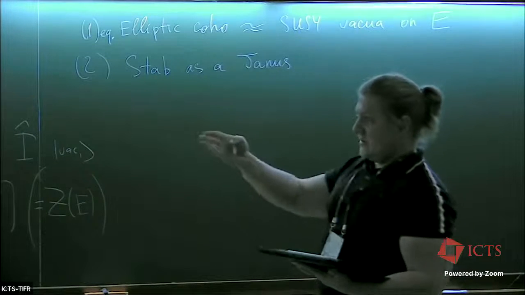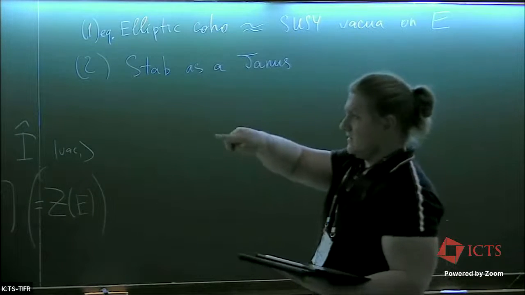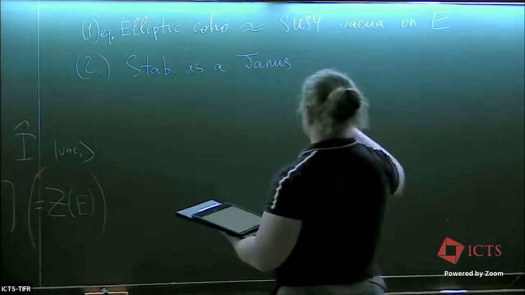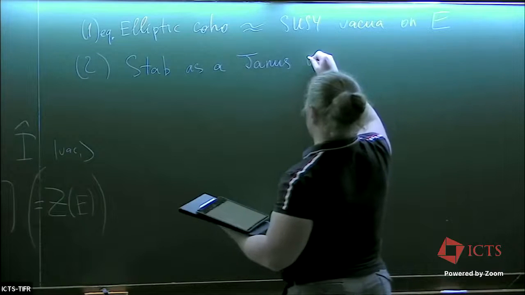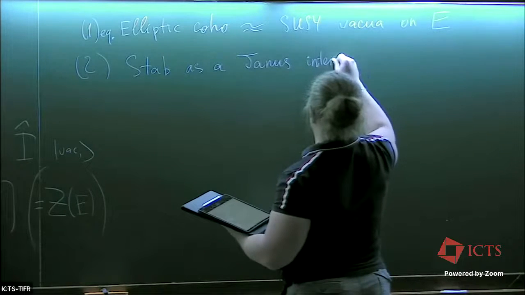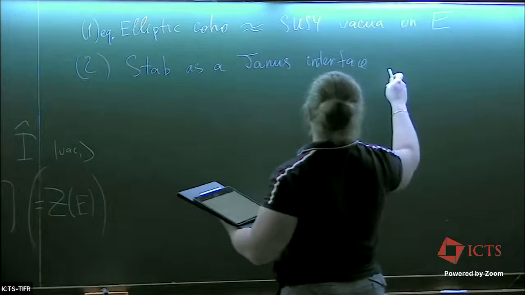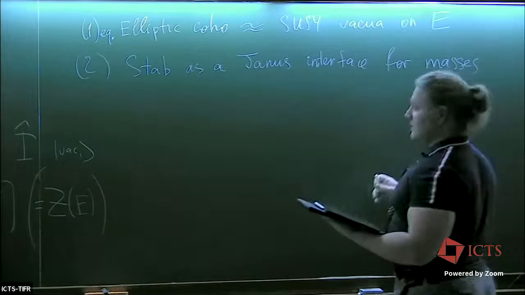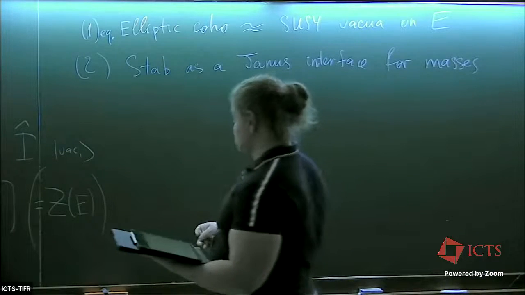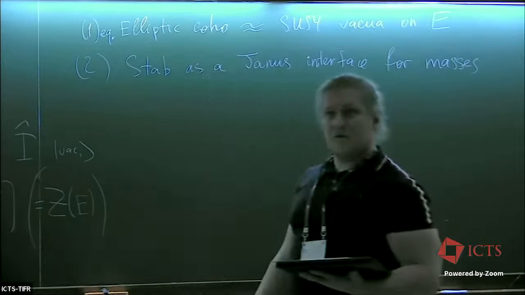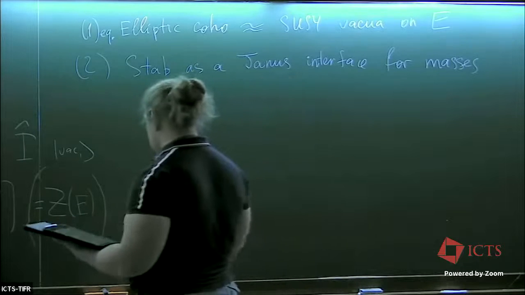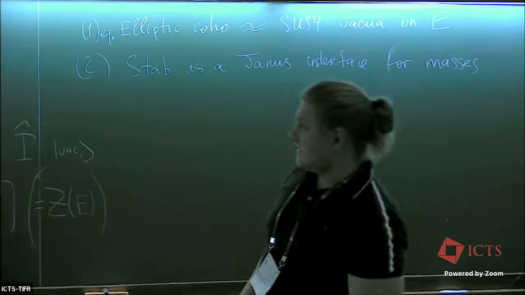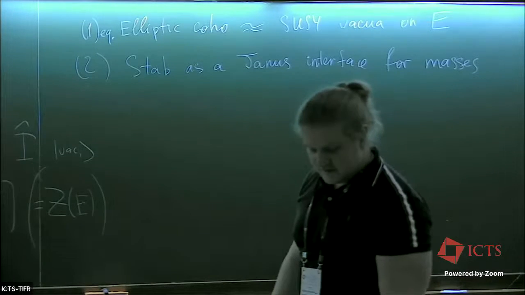Like, for example, here I vary the mass as I go from left to right, and this is often called a Janus interface. And then tomorrow we'll explain a certain relation of this to vortex counting again.